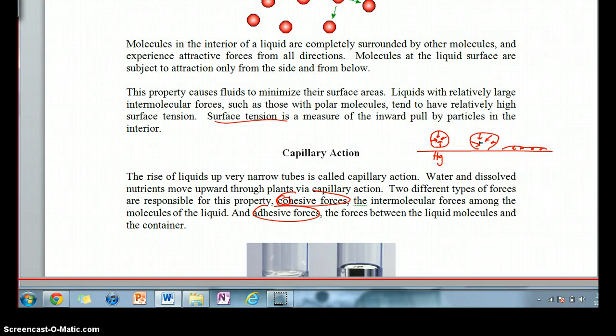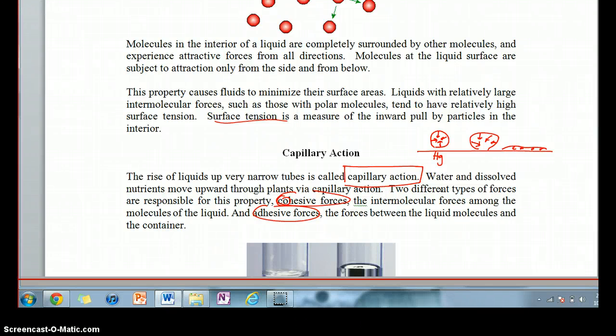How these two differ from one another, or how they're balanced, is going to have an effect on the way the liquid behaves. One of those is capillary action, which is the rise of liquids up a narrow tube. That's the way that plants take in water.